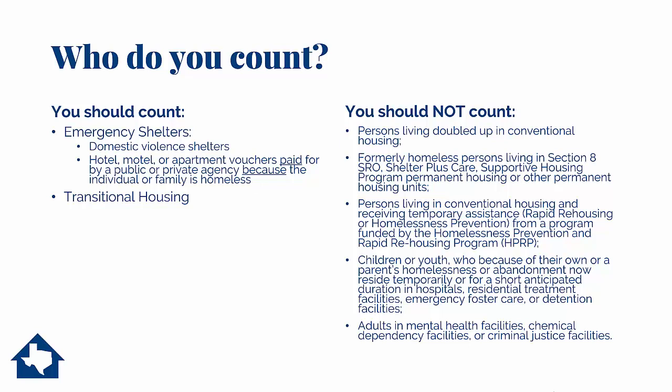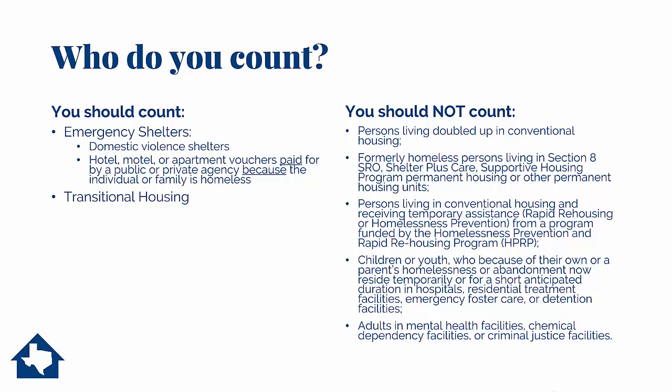And who should you not be counting on January 25th, 2018? Persons that are living in doubled up situations, formerly homeless individuals who are receiving the following type of assistance, persons who are living in conventional housing and receiving temporary assistance, children or youth who may be in foster care or in detention facilities, and also adults in mental health facilities, chemical dependency facilities, or criminal justice facilities.